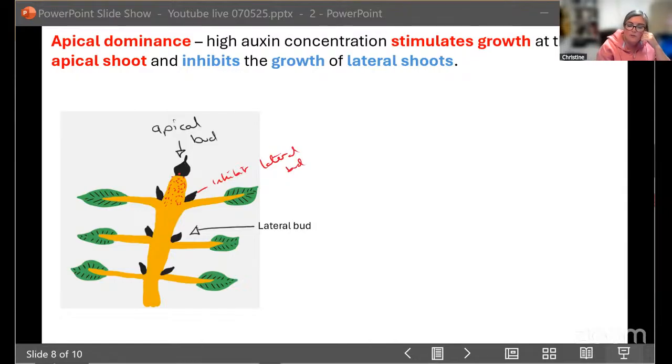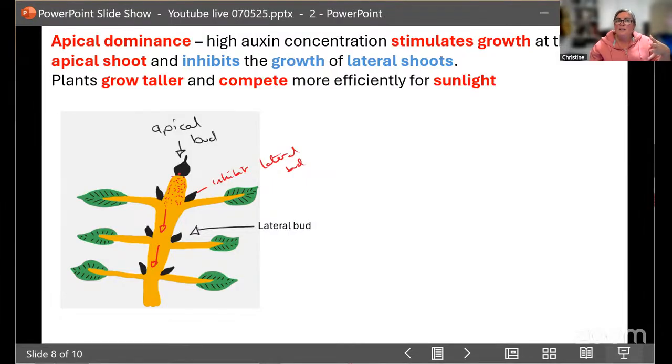However, the further away we get those lateral buds from the apical meristem, the concentration is now going to decrease. So what you'll find is that the apical dominance is ensuring that the plant is going to grow taller. Growing taller means it's going to be exposed to more sunlight, therefore more photosynthesis occurring because there's more light dependent reaction.